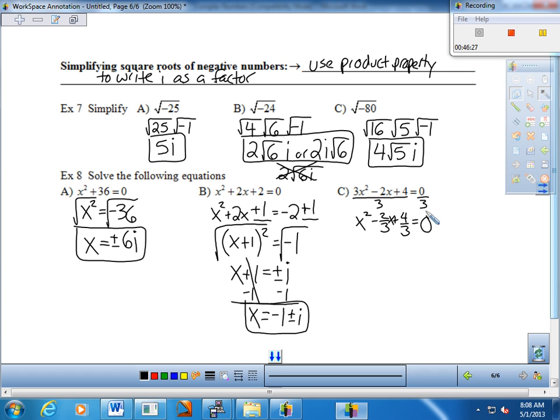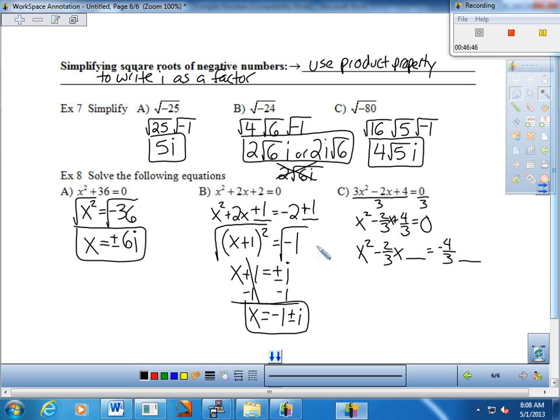Now we're going to get some fractions, but we'll have to deal. I have x squared minus 2/3 x, give me a blank, and you get negative 4/3 on the other side as it moves over, and give me a blank. All right, it would be great if you have the wherewithal. Can you see what goes in that blank right there? Take half of this, and of course, square it.